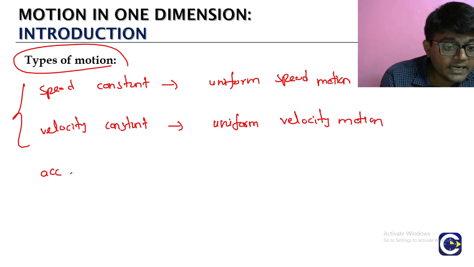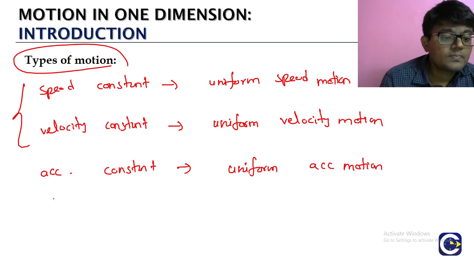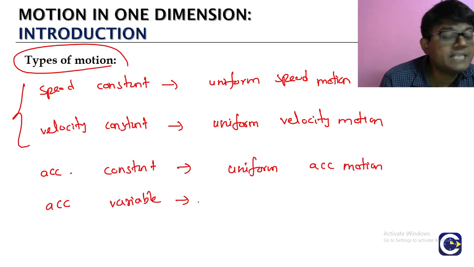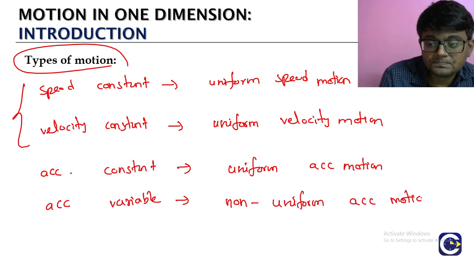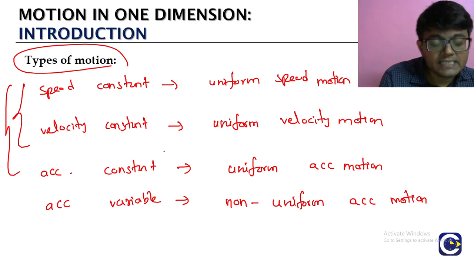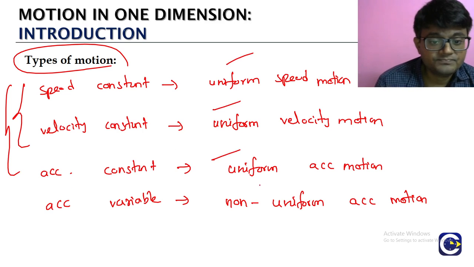If the acceleration is remaining constant, then we will say it is uniform acceleration motion. If the acceleration is variable, meaning it is changing, we will say it is non-uniform acceleration motion. Generally, at JEE Mains level, we'll get questions from uniform speed, uniform velocity, uniform acceleration.